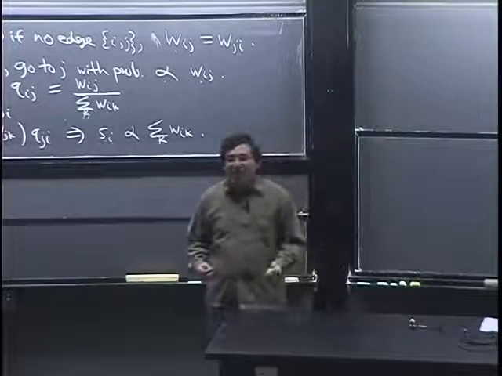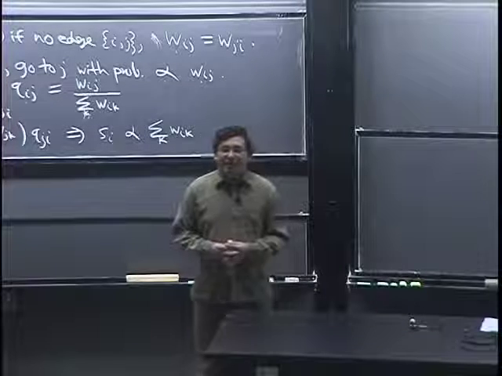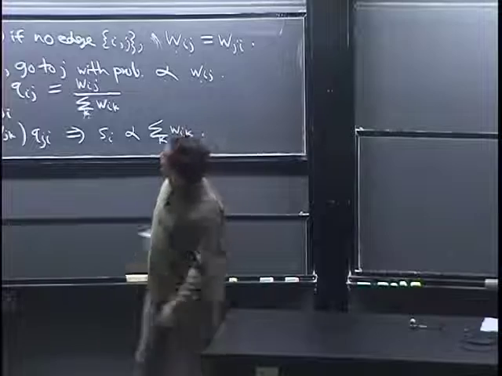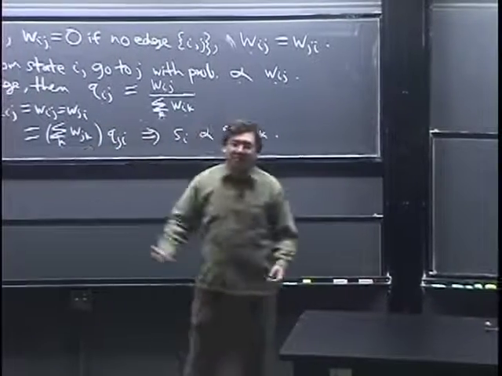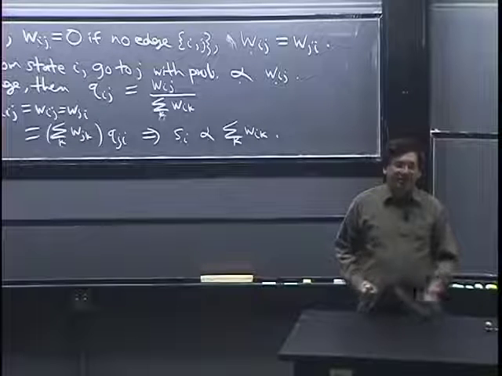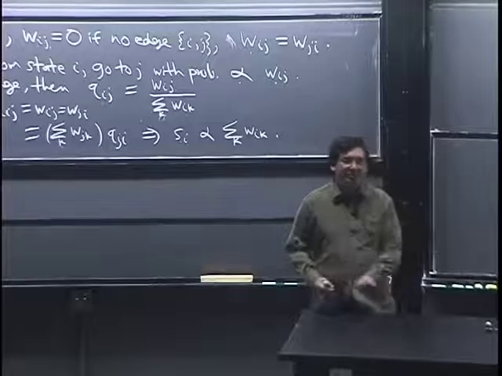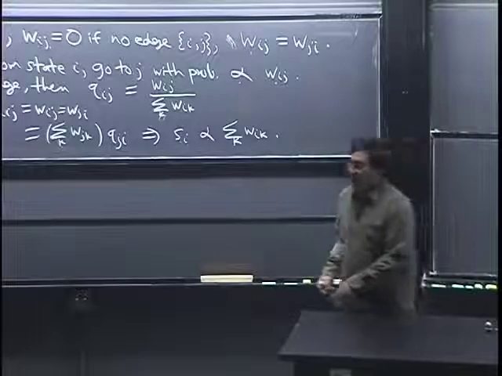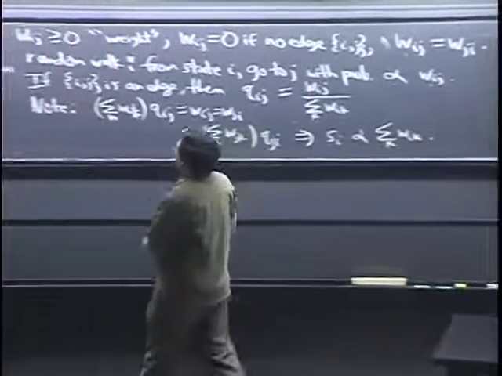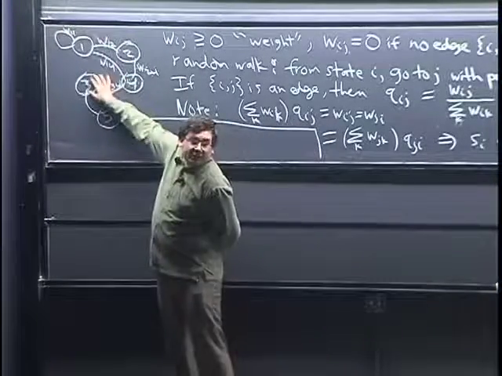Not exactly, because if you have a reversible Markov chain and you know what the Si is, then you're in good shape. But if you don't know that, it may not be obvious to figure out what the Si is such that Si Qij equals Sj Qji. Okay, but it's a theorem that any reversible Markov chain can be represented in this form.